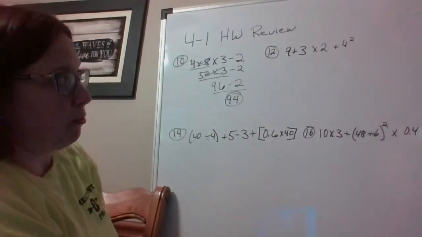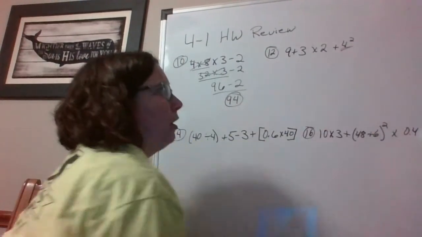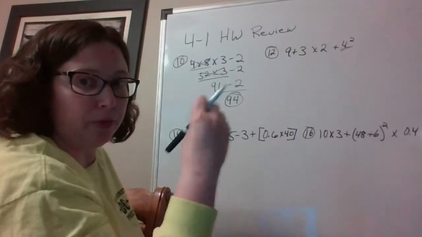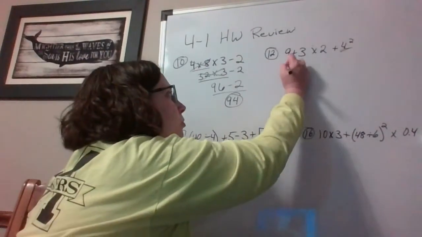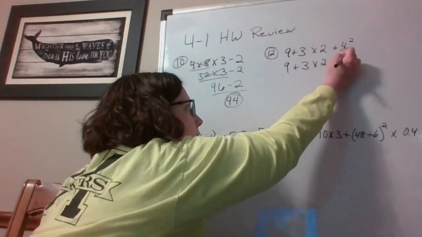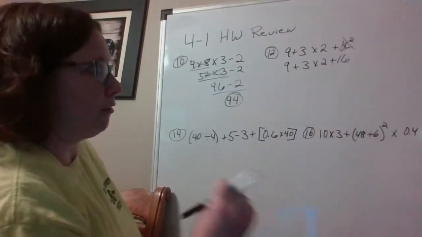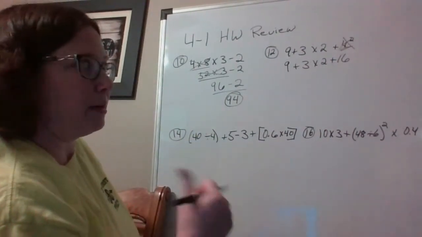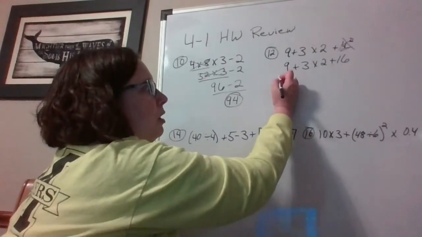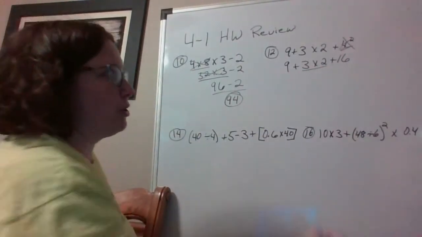Number 12, again, we have no parentheses. So the very first thing we need to do is take care of the exponent, 4 squared. 4 squared means 4 times 4, which would be 16. So we're going to change that to a 16. I've copied everything else down. Now we have no parentheses, we have no exponents, so we're going to look for, starting at the left, multiplication or division.